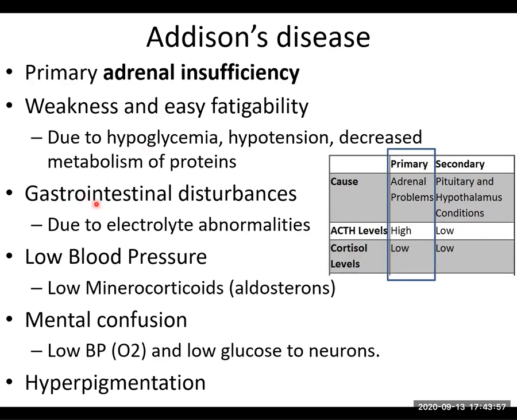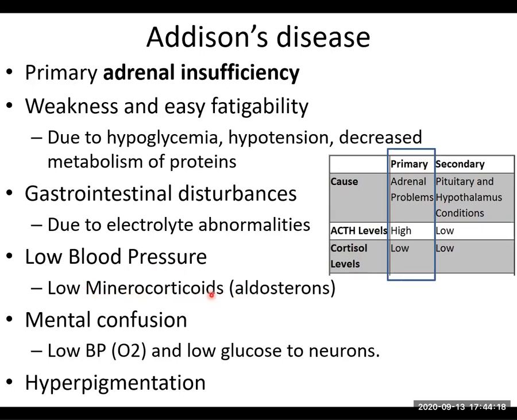GI system gastrointestinal disturbance is because our body's electrolytes are abnormal, because of the low mineralocorticoids. Low blood pressure is also because of the low mineralocorticoids.